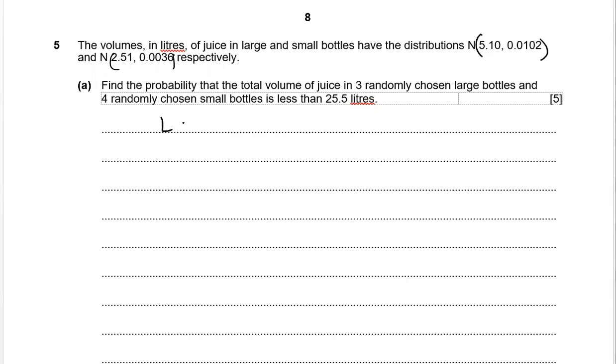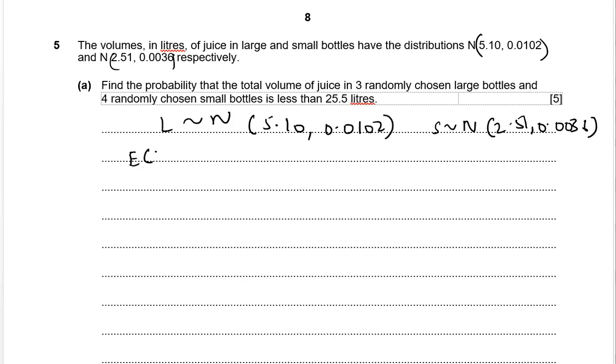So L is normal 5.10, 0.0102, and the other is S, that is small. It has what? 2.51, 0.003. Large and small.